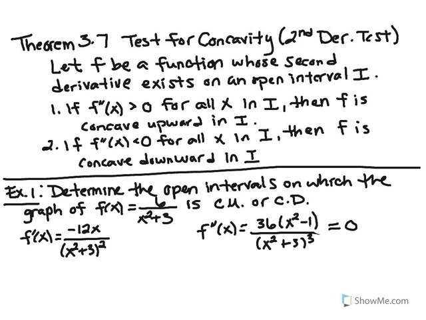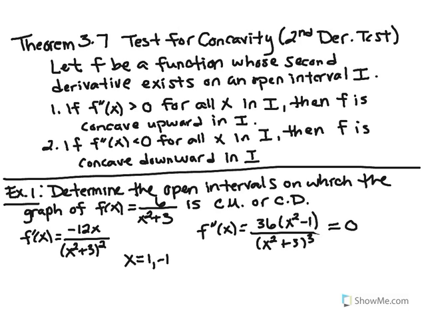So here's what we're going to do. When I solve this for x, I get x is equal to 1 and negative 1. So we're curious to know what happens in 3 intervals in particular.